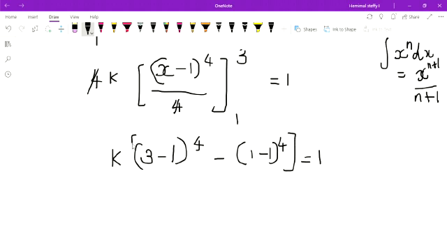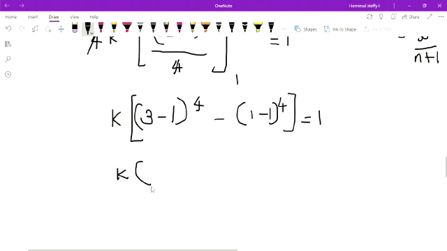Next step: 3 minus 1 is equal to 2, so 2 power 4, and then minus, listen here, 1 minus 1 is equal to 0. 0 power anything, 0 power 4, means 0 only.